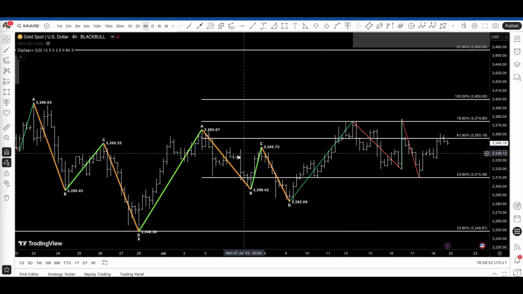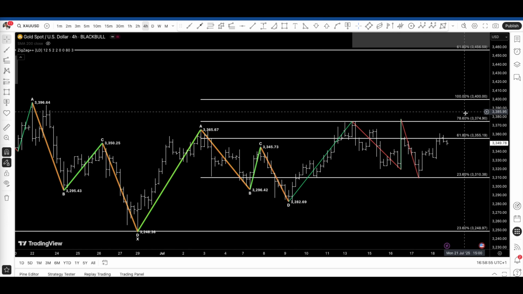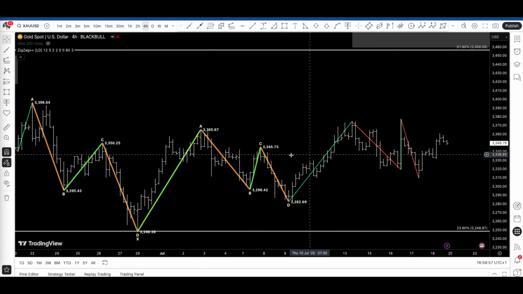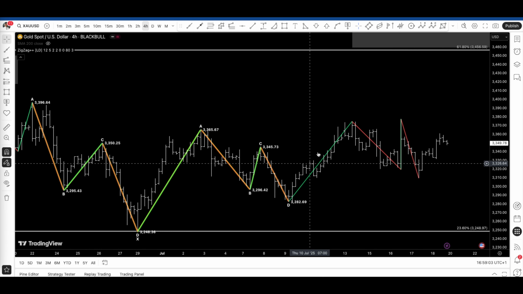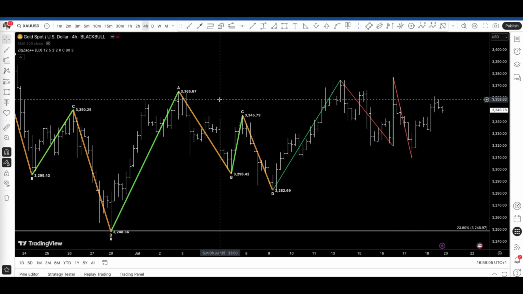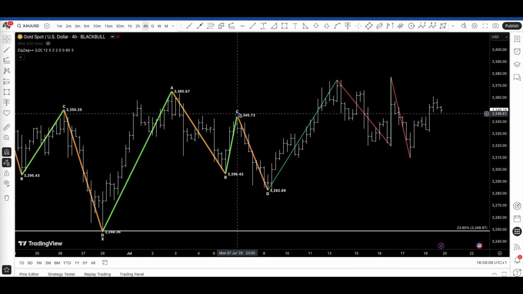Right, so XABCD, that's it, targets, and here I began to identify a very clear cipher pattern, okay, XABCD.